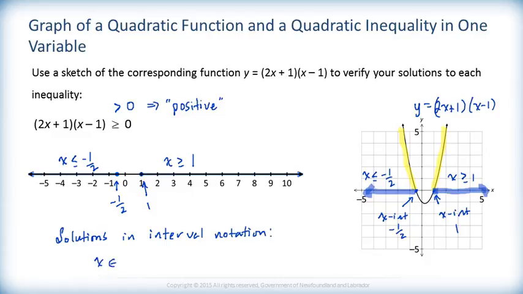But it basically works out to x belongs to negative infinity to negative 1/2, round bracket for negative infinity because it's not included, negative 1/2, square bracket. Union, that means together with, the other interval starting at 1 and going to infinity.